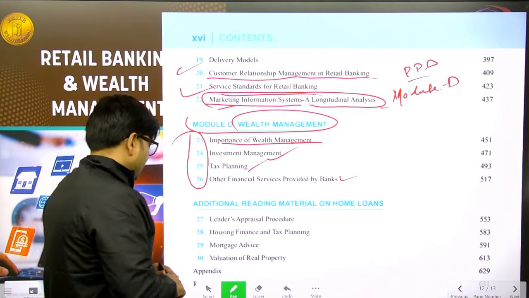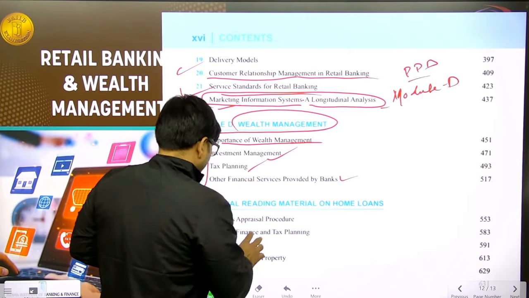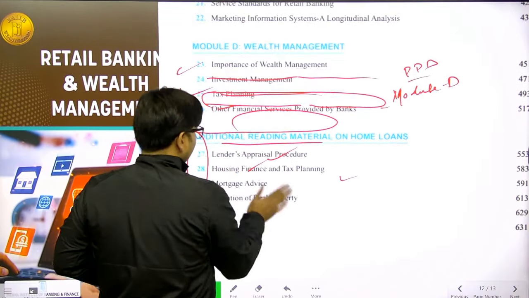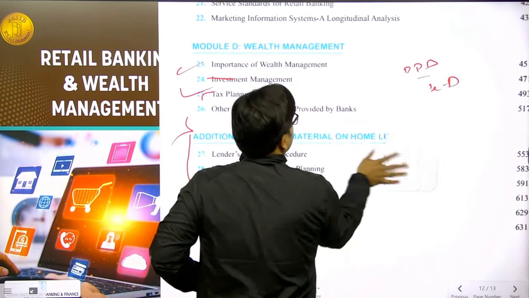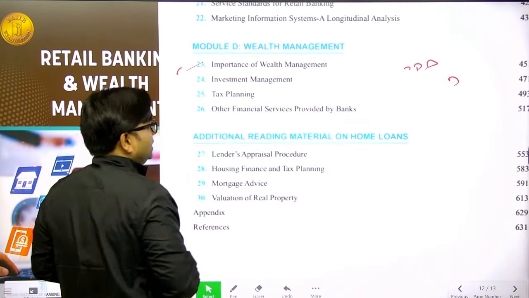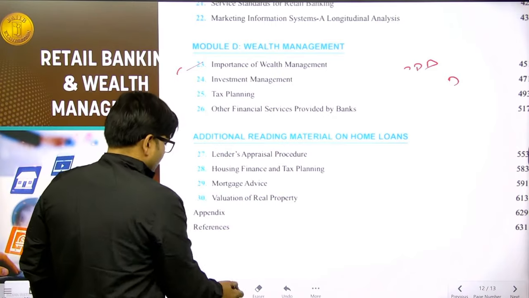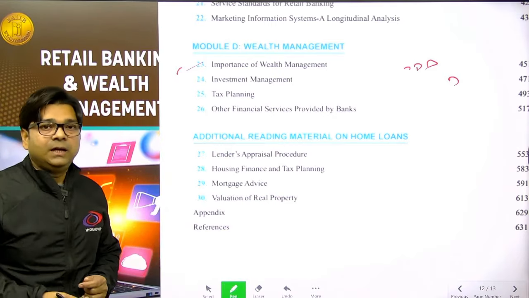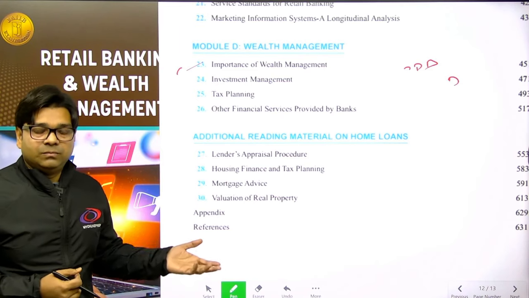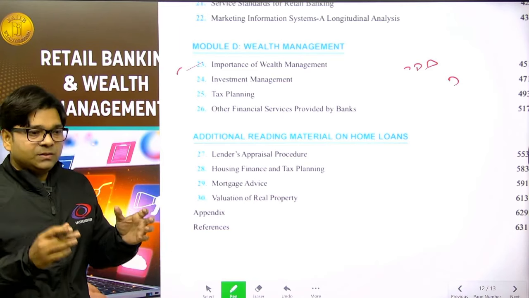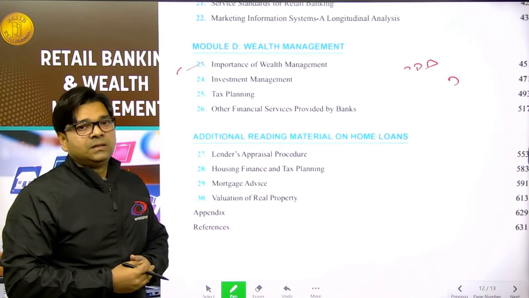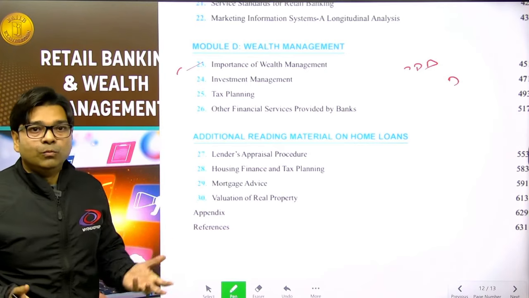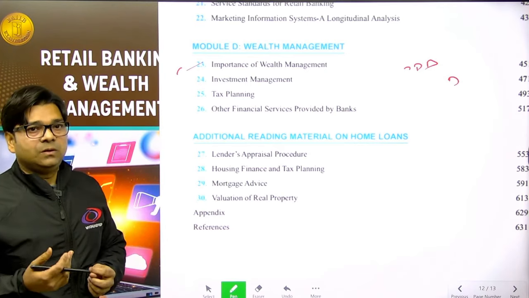Now if you see the retail banking book, you'll find there is some extra reading material on home loans. In the retail banking exam in CAIIB, they ask case studies from home loan topics or PL.